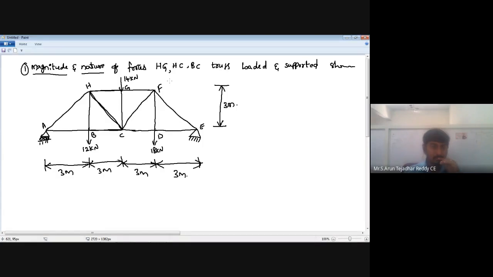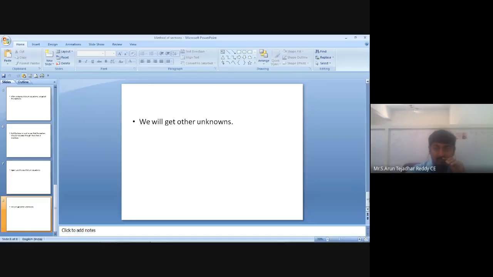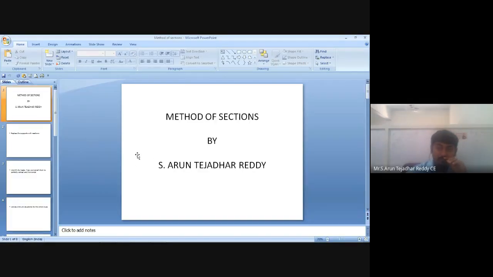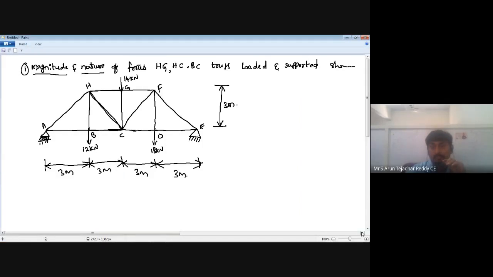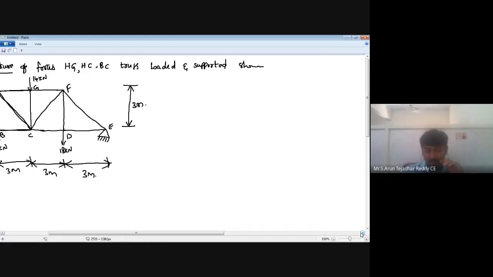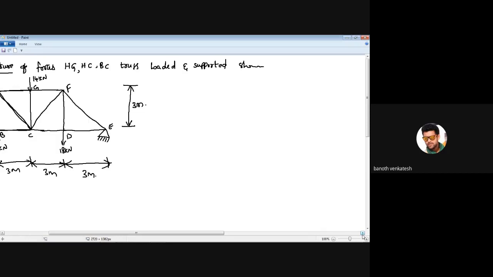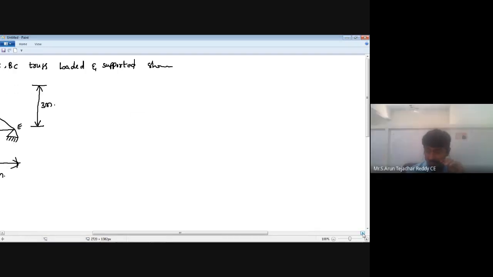See, method of section is very easy. First, once open the method of section, see, replace the supports with reactions. That is first point. Once again, draw the diagram.